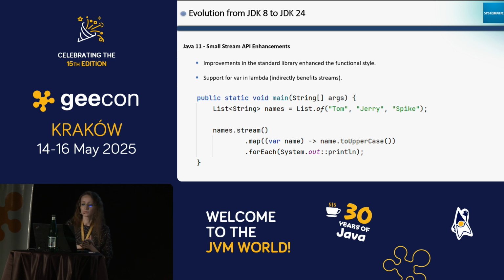And one of the more notable features here, I would say, is the possibility of using var in lambda parameters, which improves readability. And I have once again added an example here where you can see the use of the name variable declared with var, which is further used to convert to uppercase. So starting with Java 11, var could be used in stream scenarios like this.